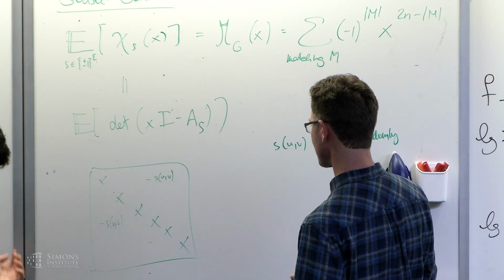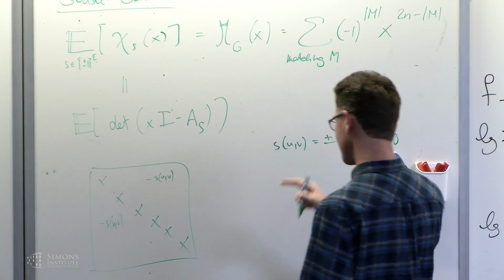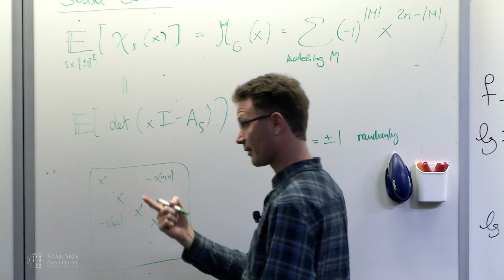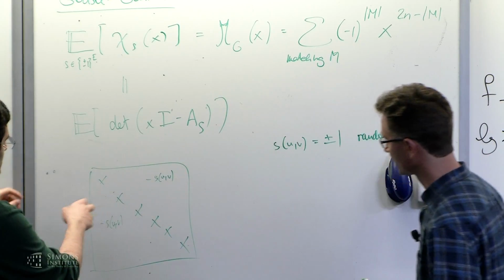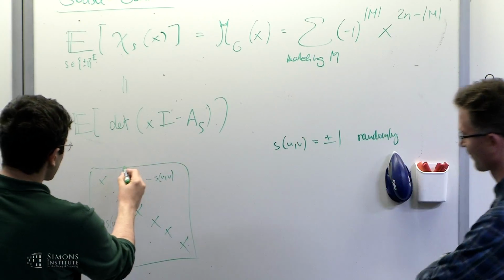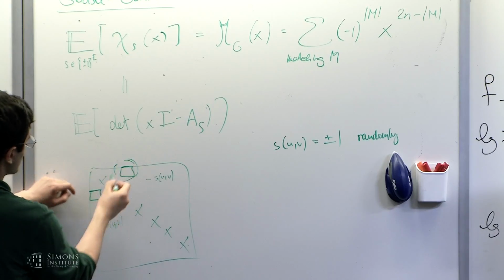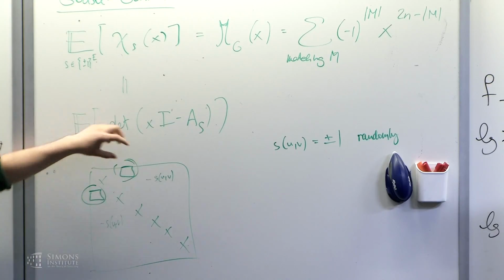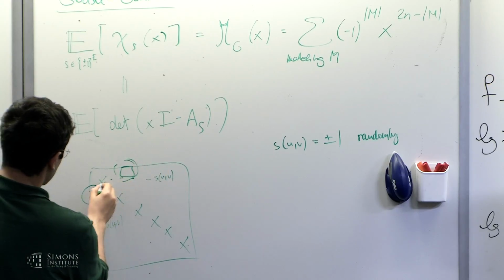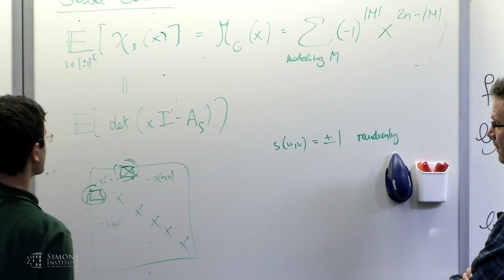Okay. So what kind of permutation can contribute to this? Let's see what kinds of permutations actually cancel out. If there is some edge where the permutation only has one of its entries in this matrix, suppose it only contains this one.